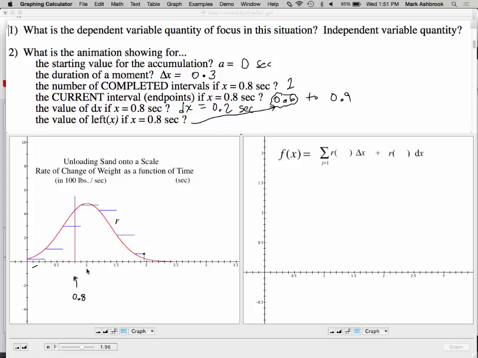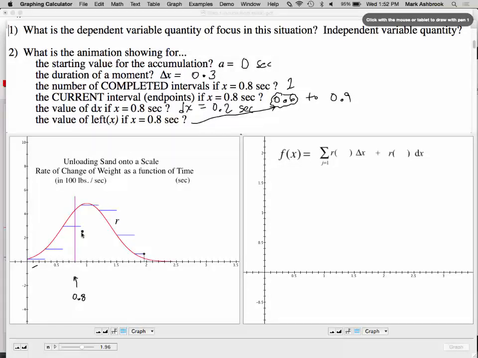So where did we get this constant rate? We got it from r of 0.6, or r of left x. So this constant rate for the current interval is r of left x. That's why left x is so important, because it allows us to get that constant rate in the current interval.